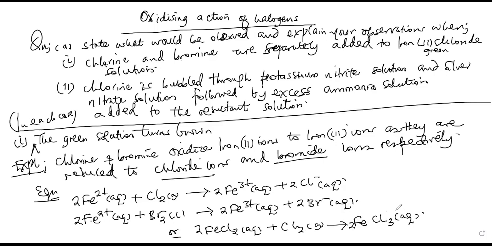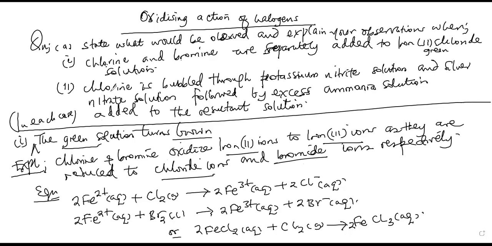So that is part 1. Part 1 is covered. The green solution of iron 2 chloride turns brown. It goes to iron 3. Then you talk about how oxidizing these are, chlorine and bromine, and what they are oxidizing: iron 2 to iron 3. When they oxidize, they get reduced to chloride ions and bromide ions. Then you write the equations.